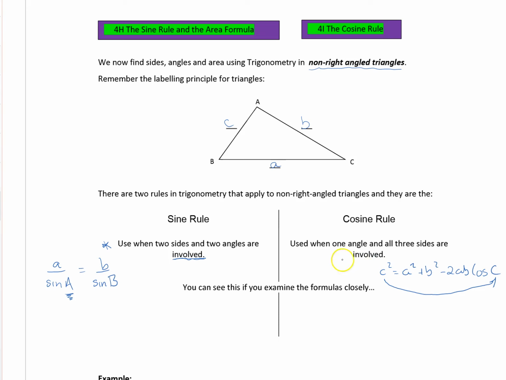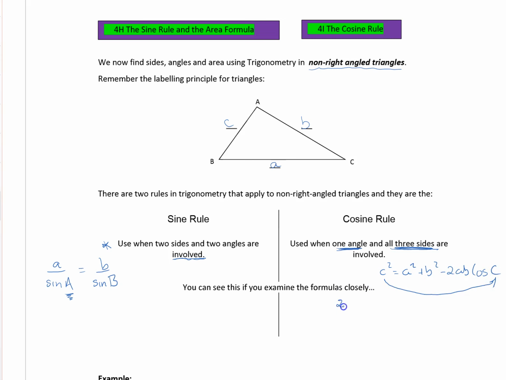So you can see that if the triangle involves one angle, whether it be the thing you're finding or it's given, and all three sides, then you will use the cosine rule. Let's have a look at how you would rearrange that formula to find the angle.